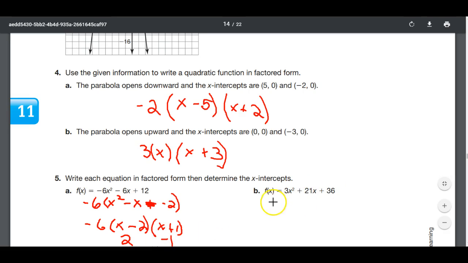Here I factor out the 3, so I get 3 out in front. Then I end up with x squared plus 7x, right? And then plus 12. So I've got to think about two factors of 12 that add up to 7, and what I get is x plus 3 and x plus 4.